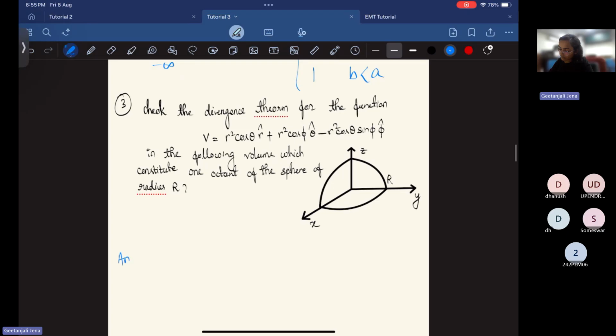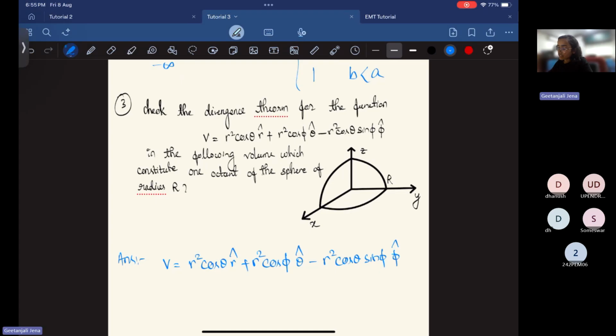For this problem, the question asks to check whether the divergence theorem holds for the function v equal to r square cos theta r cap plus r square cos phi theta cap minus r square cos theta sin phi phi cap.